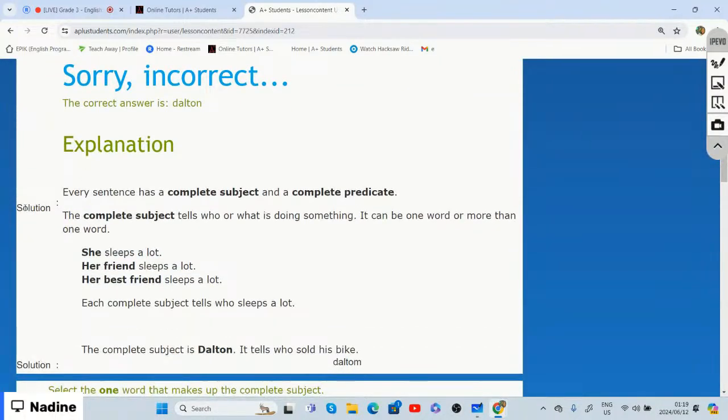We said with each sentence, each sentence needs to have a subject and each sentence needs to have a predicate. And a predicate is basically a verb and every other word that tells us what the person or thing is doing.